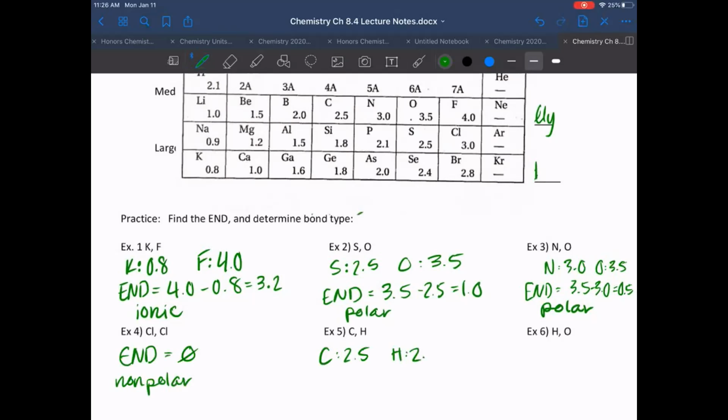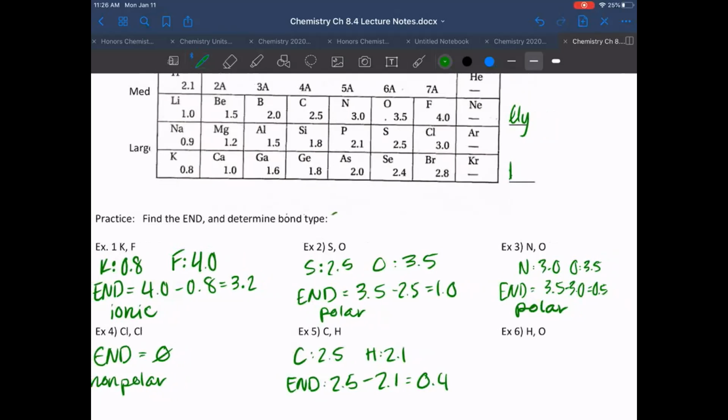Hydrogen is 2.1. So our electronegativity difference here is going to be 0.4. And also, I will not shame anybody for using a calculator on these, okay? Decimals get me thinking crazy stuff, so no shaming there. But what kind of bond is this? Nonpolar.